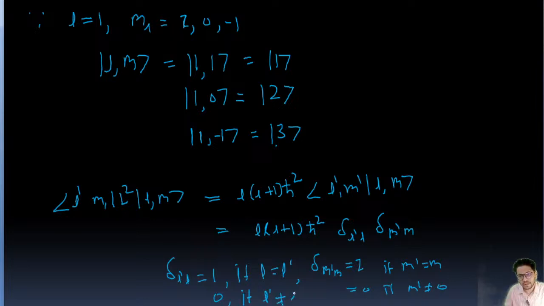You need to know this. So if l' equals l, this will be 1, and if m' equals m, this value will be 1. Otherwise 0.